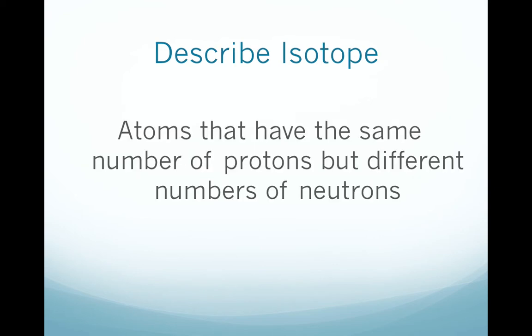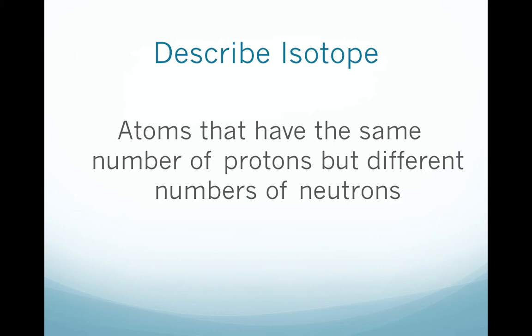Now, next topic: isotopes. Isotopes are unique because when you compare two of the same atom, they can be isotopes of one another because of the number of neutrons. So an isotope is an atom that contains the same number of protons as other atoms, but a different number of neutrons. For example, carbon.